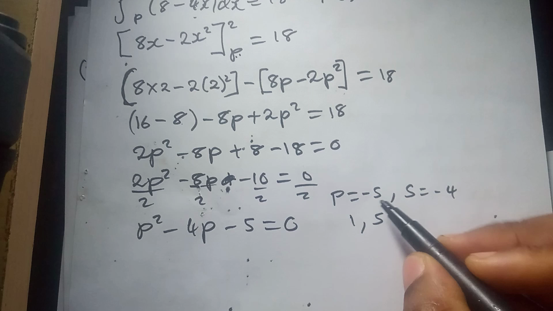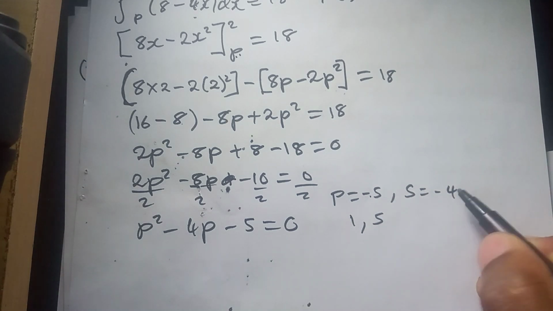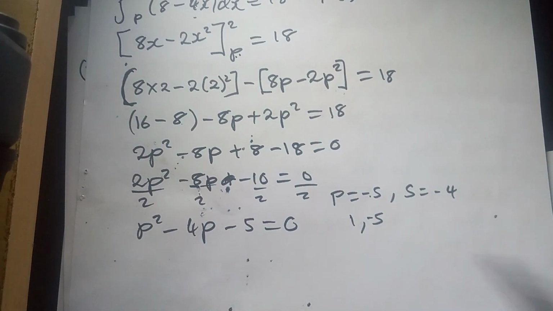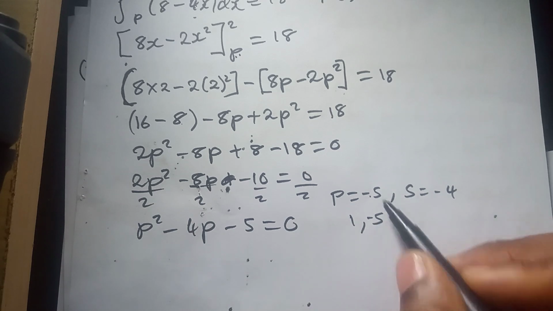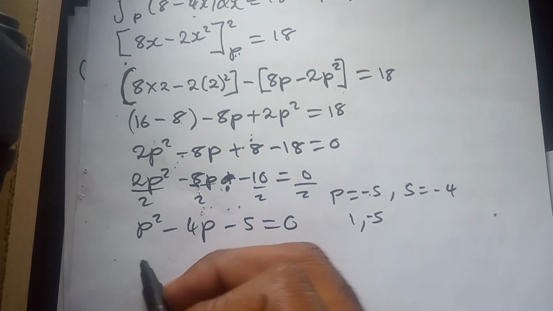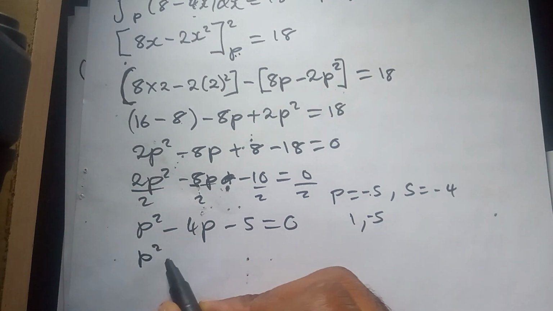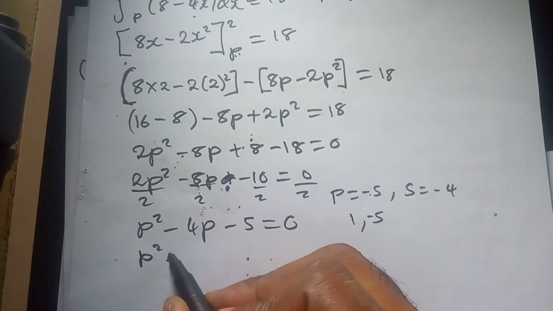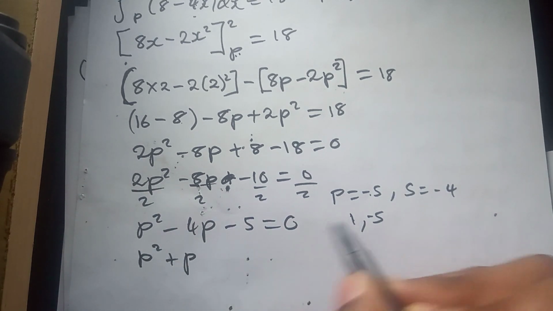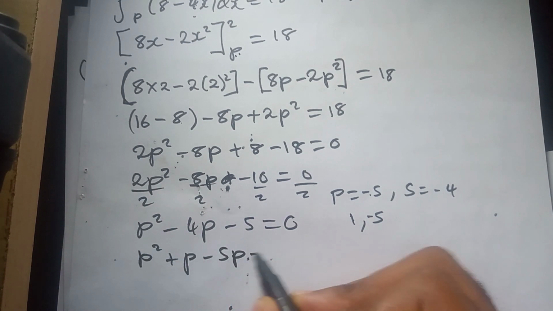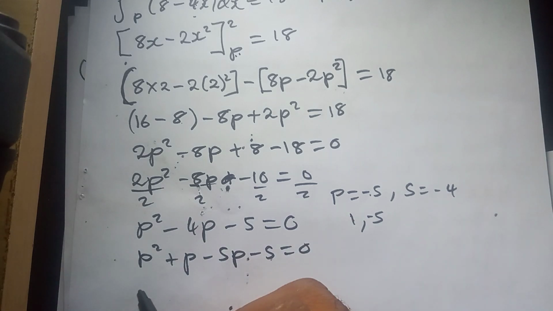So the possible factors can only be these. And then since you want this one to be negative and this one to be negative, we can just negate this. So p squared minus, I'll start with p, 1 there, and then minus 5p minus 5 is equal to 0.